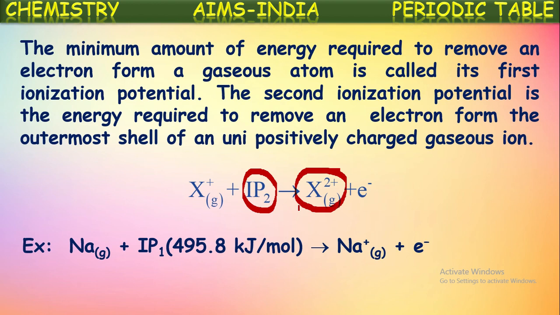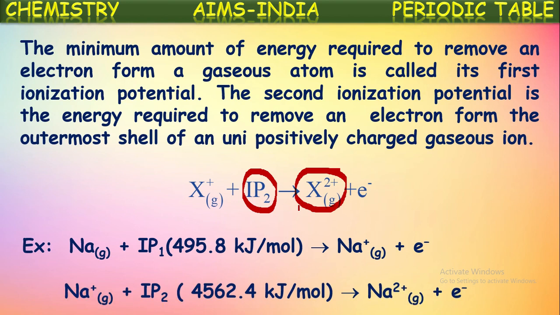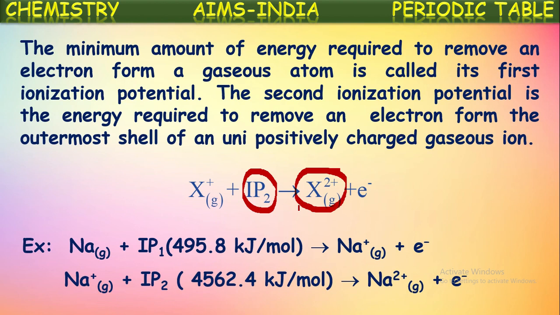For the same Na+ ion formed here, if some more energy, around 4562.4 kilojoules, is supplied, then it releases one more electron from its outermost shell. That energy required by this Na+ ion for the removal of the second electron is called second ionization potential or IP2 value.